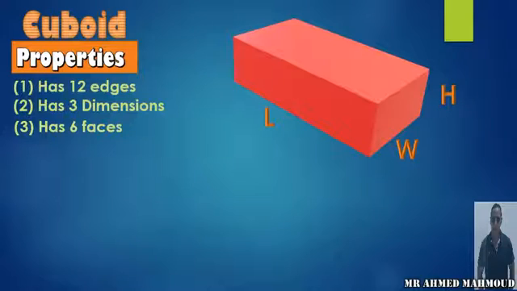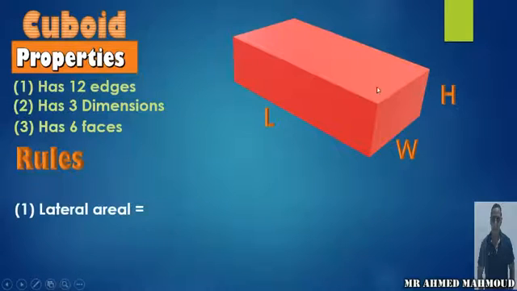Now we are going to study the rules of the cuboid. The first rule with us, the lateral area. The lateral area, as we took before, is the perimeter of the base times height, and the base here is in the form of a rectangle, so it will be 2 times open bracket length plus width close bracket times height.